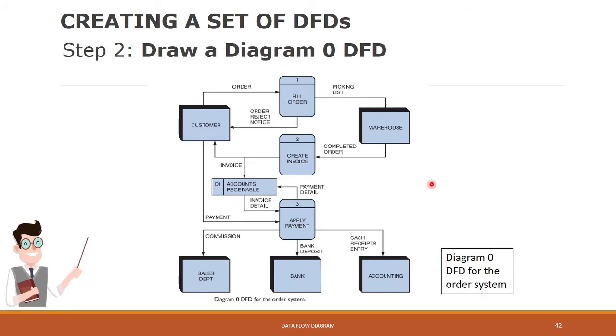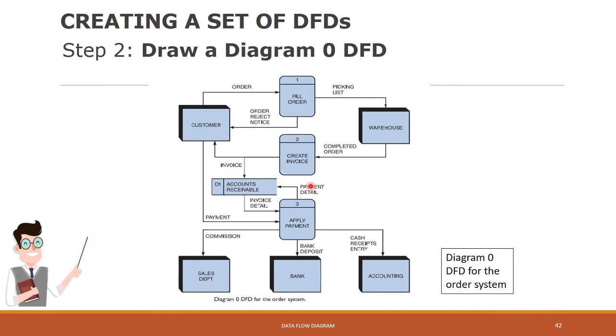In the previous step, we learned that the context diagram provides the most general view of an information system and contains a single process symbol. As you can see here in your diagram 0, we already have 3 processes, and now we have one data store, but the same 5 entities.